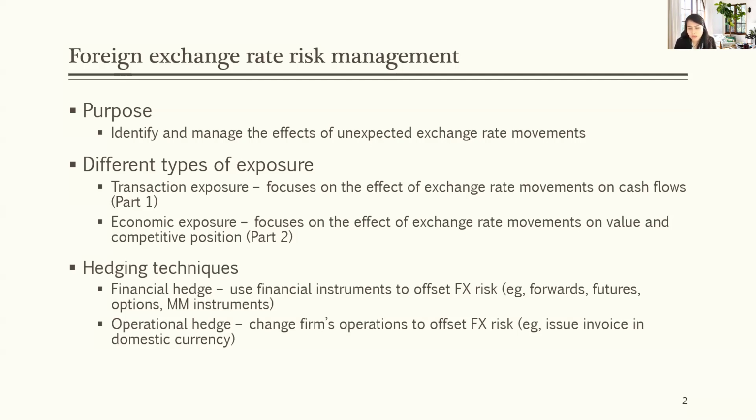So if you want to minimize the exposure on your USD receipts, you could also have your factories in America, or you could have some sort of operations there. So the expenses will be in the USD as well, and that will offset some of the USD exposure in your assets. Okay.